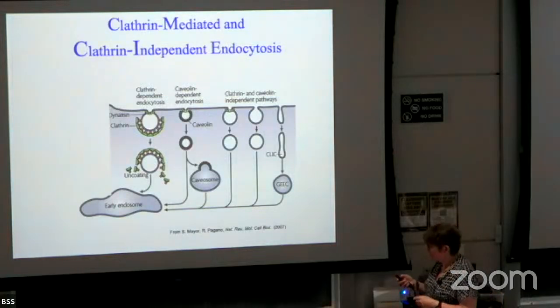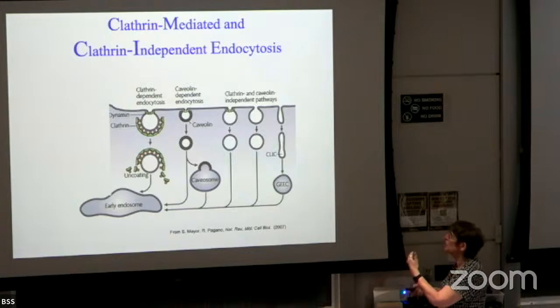I wanted to introduce again these kinds of processes which happen at the plasma membrane, which allow the cells to internalize components or proteins from the plasma membrane. This phenomenon is called endocytosis. It consists of forming a vesicle which will eventually be internalized into the cell.